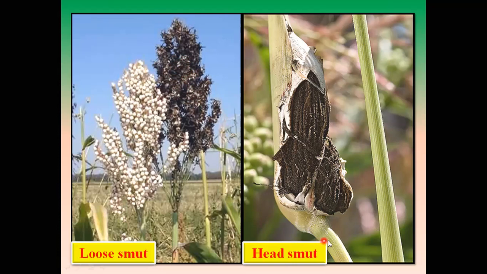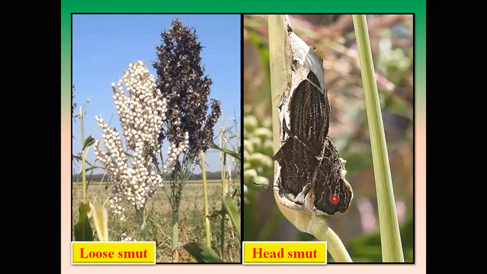The last type of smut is head smut. In infected plants, the normal earhead is not produced. This structure emerges from the boot leaf stage of the sorghum plants.